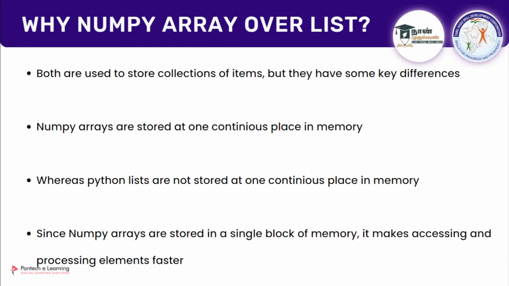When you try to do some task with it, it is going to search one by one, wherever each element is, and do the operation. But when you go for NumPy, even if you give 1 lakh or thousands of elements, it is in a continuous place. If you want to perform the operation, it will be much faster because the next element is in the next place. That's the key difference between a NumPy array and a Python list.